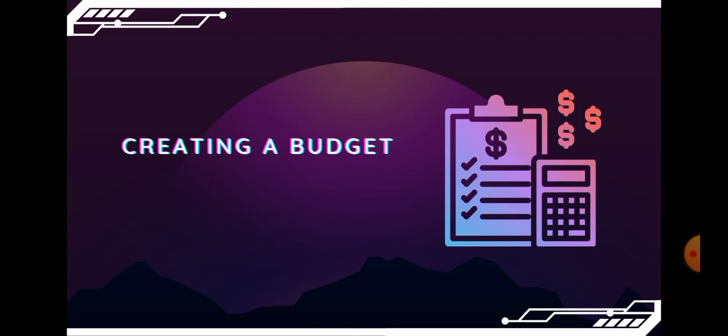Next, you need to forecast your income and expenses for the upcoming period. Maybe it's monthly or quarterly or annually. Like, this is January. You have a forecast of what you are expecting as income from your business for the month of January, so that at the end of the month you will be able to see how well you have done, whether you've been able to hit your income goal or not.